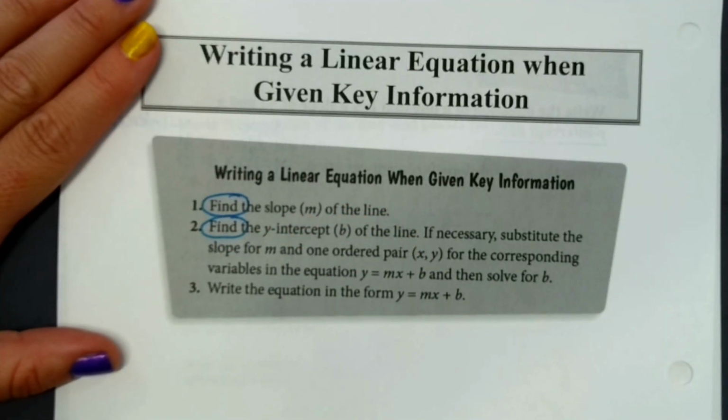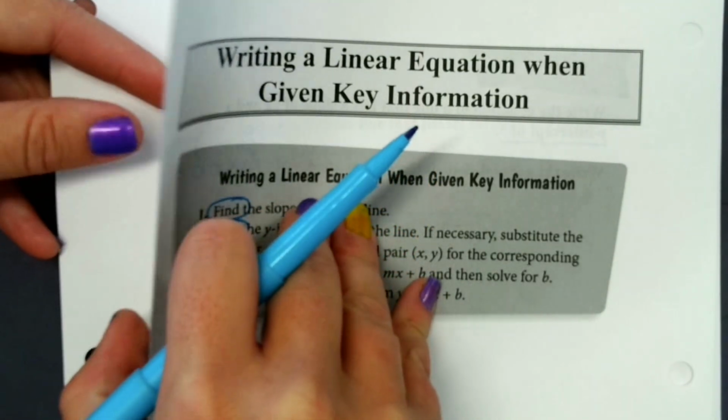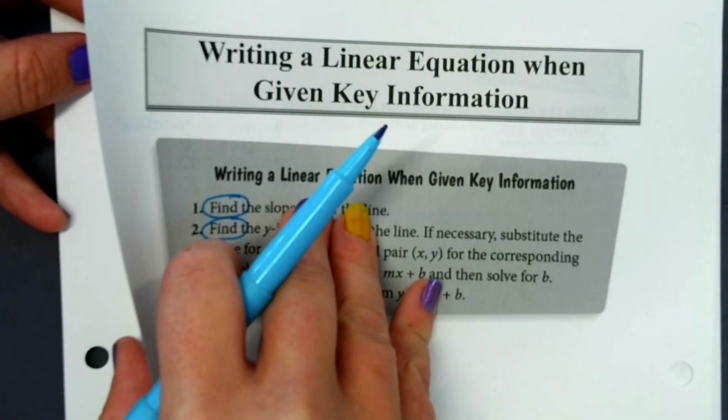Have we had to find anything yet? Or have we just been given the information? We've been given. Now all of a sudden, we're going to have to start finding things. Okay? So this is where it's really important. If we don't understand something or how I got it, you've got to stop me. Okay, let's go to the top of the next page, please.